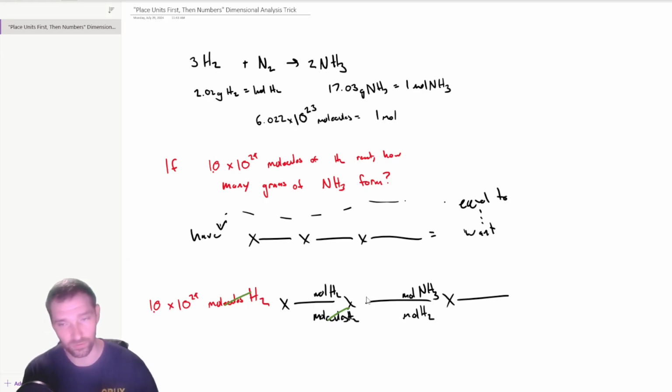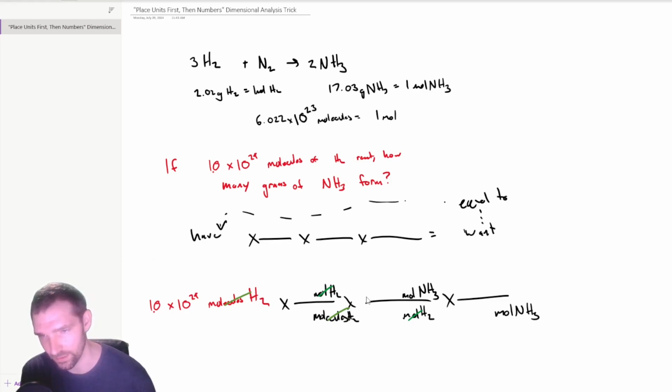And I'm not going to do any numbers right now. I'm just placing down my units. And that should allow me to cancel those out. And then that would leave me with moles of NH3 if I did that math, but let's do one more conversion. So we've got our moles of NH3, and we're going to then turn that into grams of NH3.